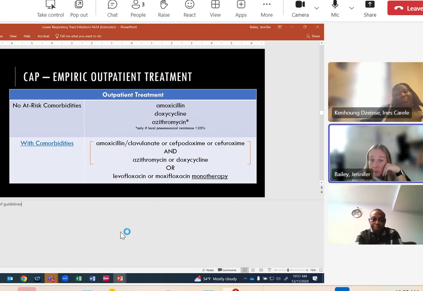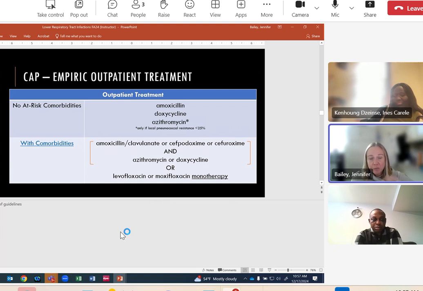All right, so that's outpatient treatment. Okay. And then inpatient treatment. So again, what were the two levels of care for inpatient treatment? The PSI indicates the tools to determine the level of care, but what are the two levels of care?